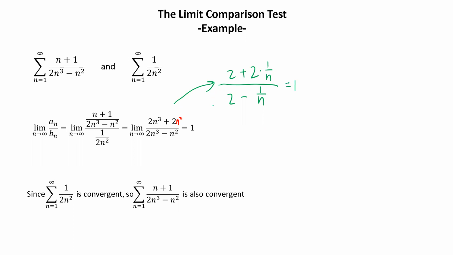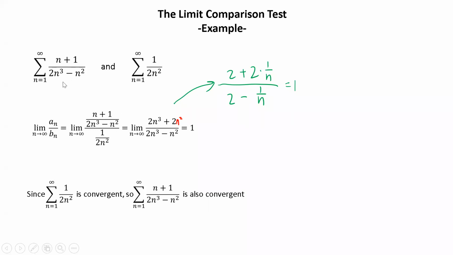So I get a finite number, and because we know that this is a convergent series, that's why this is also a convergent series.